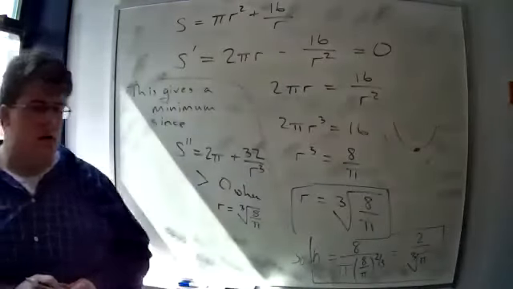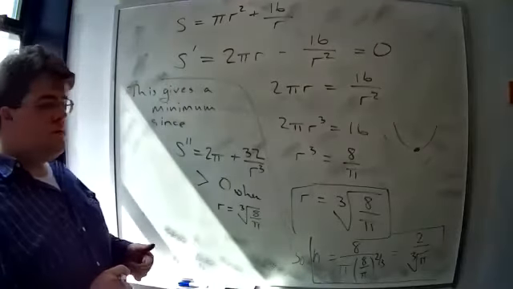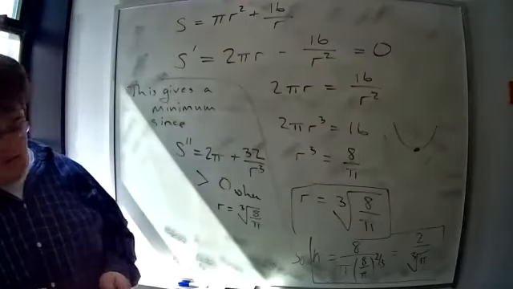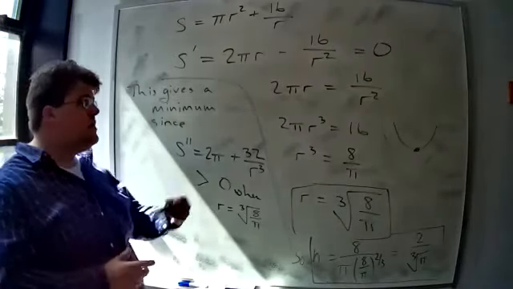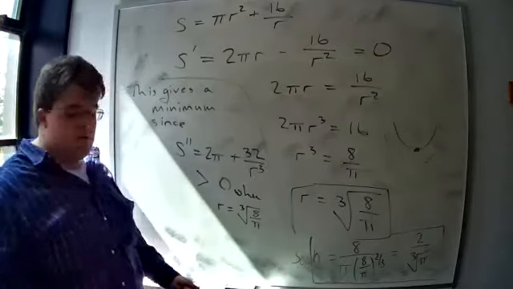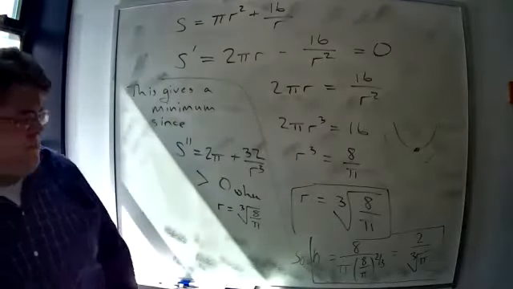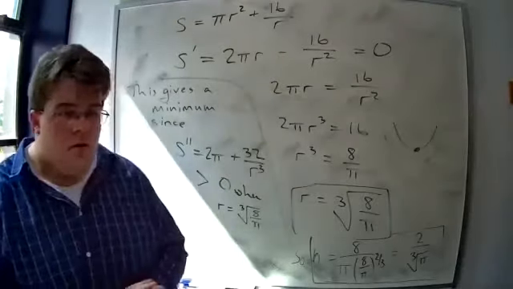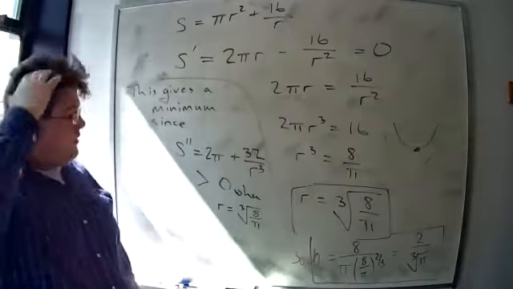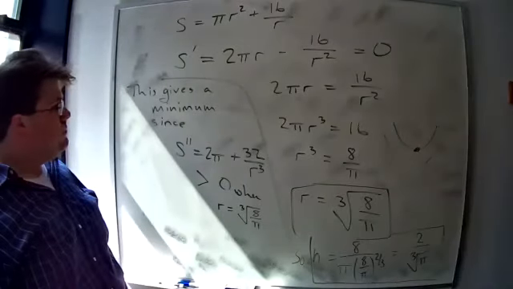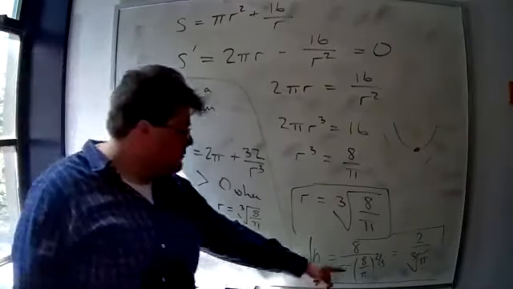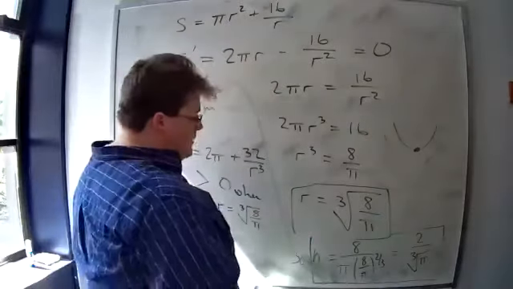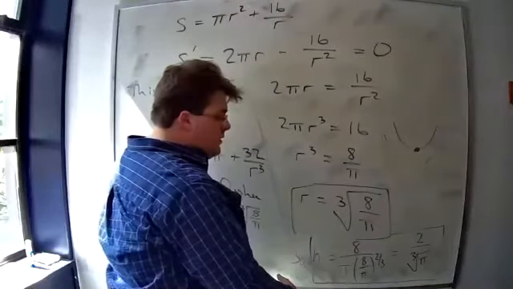Any questions about that? So notice the reasoning for this one did follow similarly to the others, even though we had slightly less convenient equations. So any questions? How did I get 2/3? Yeah, so it was 8 over pi times r squared.